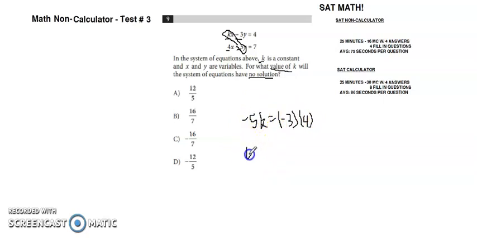So k equals 12 over 5 because the negatives cancel each other out anyways. And that's the solution right there.